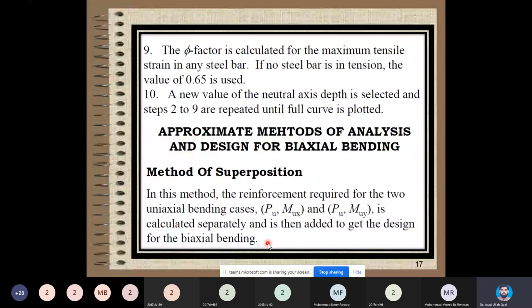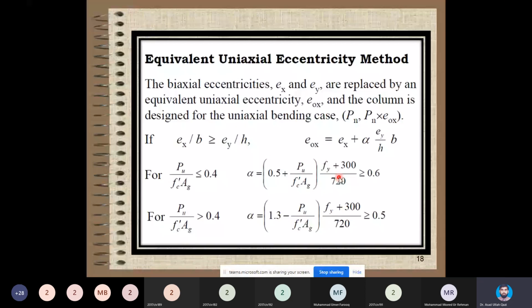So there is nothing new in this method, right? But more, you can say, common method available in literature is this method, which is titled as the equivalent uniaxial eccentricity method. Very popular, has some limitations which I will discuss. Easy to apply.